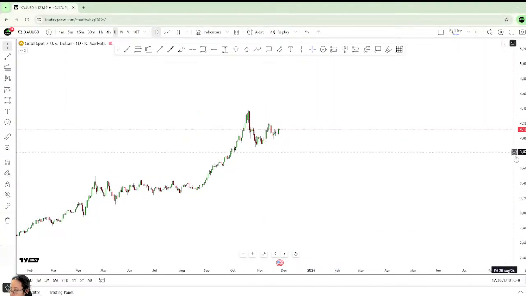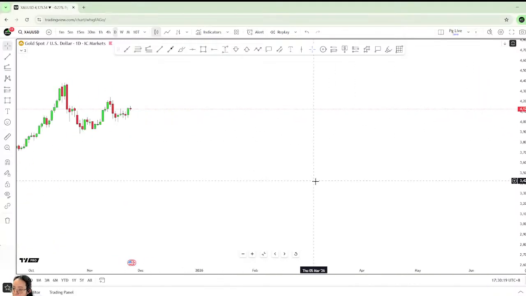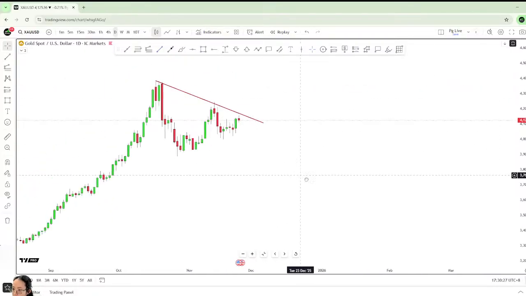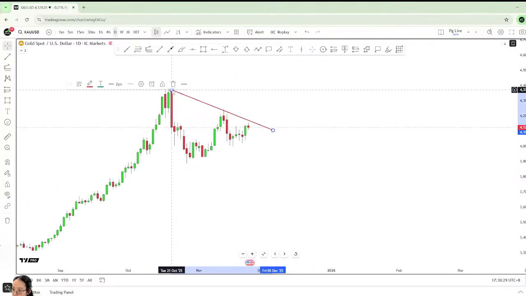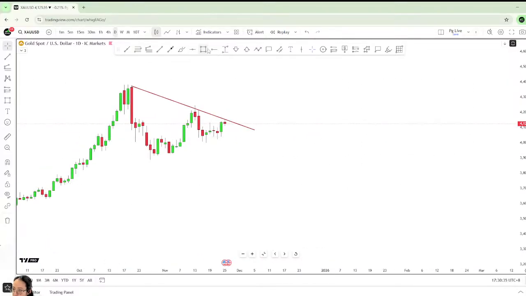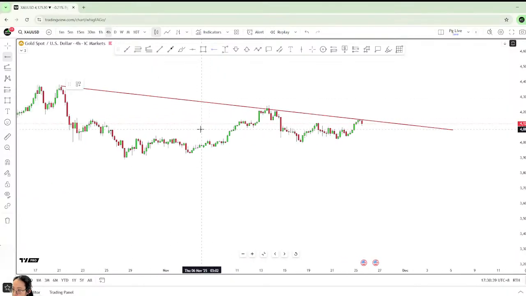Right now I would say that gold is correcting, or in the triangle. Okay, triangle. I'm going to H4.